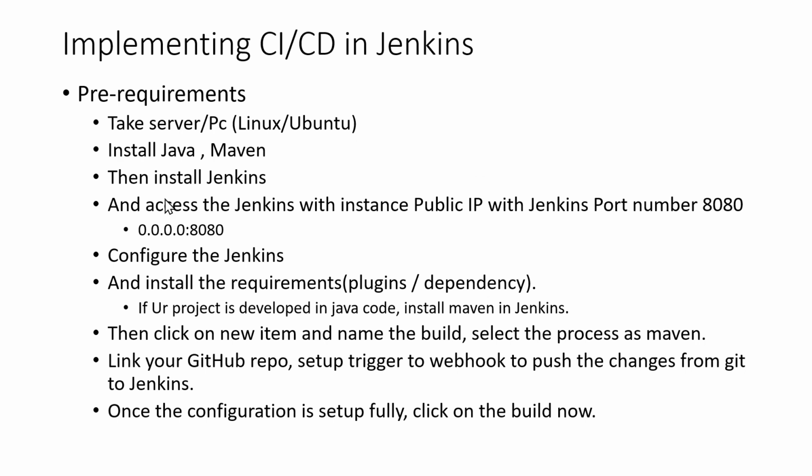Select the process, in this case Maven, and link your repo. That is your GitHub repo URL to be embedded in that configuration to set up the webhook to push the changes from Git to Jenkins whenever any changes occur.